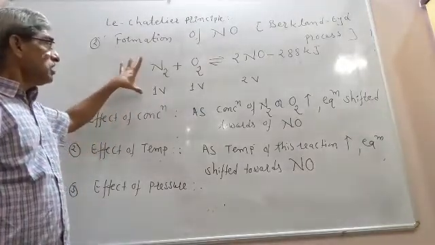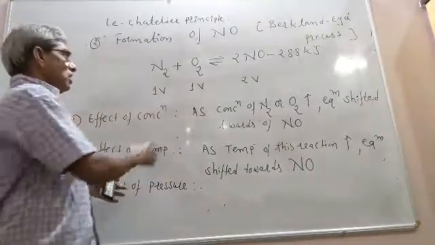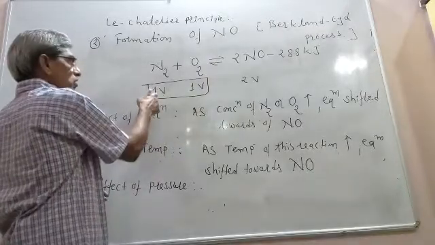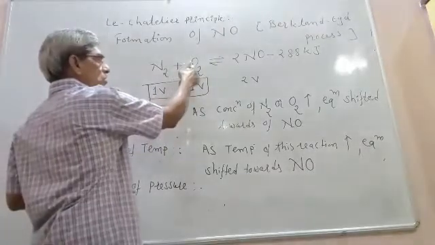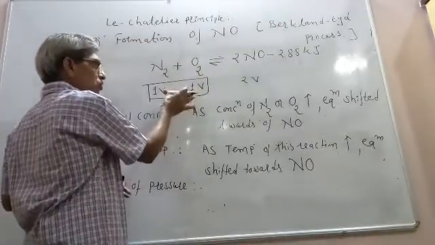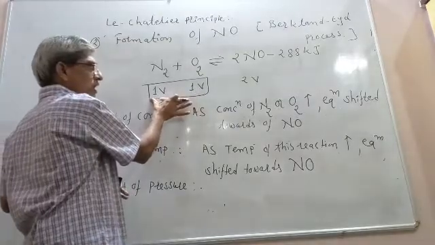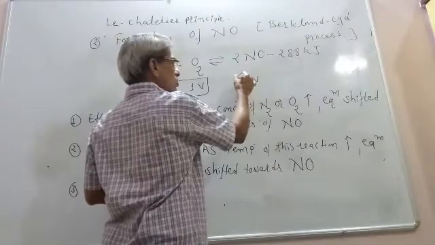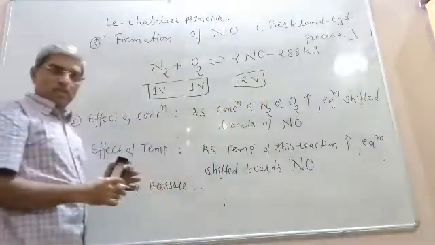Now concentrate your eyes on this reaction. On the reactant side, one molecule of nitrogen means one volume, one molecule of oxygen means one volume, total 2 volumes of reactant get converted into 2 molecules of NO, means 2 volumes.